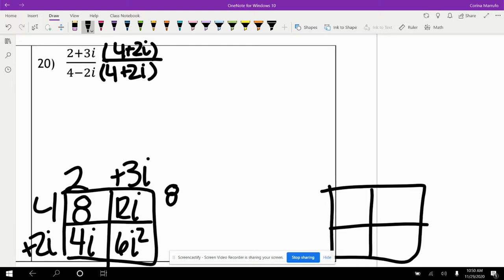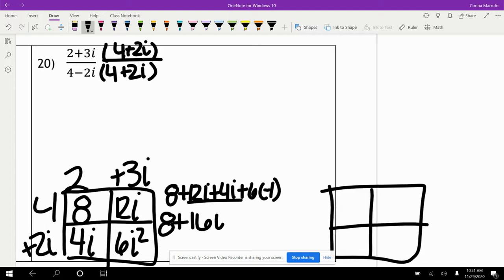We have 8 plus 12i plus 4i plus 6 times negative 1. 12i plus 4i we can combine, so we get 8 plus 16i. And then 6 times negative 1 gives us negative 6. Then we combine 8 minus 6 gives us 2 plus 16i. So that's what's going to go on the top: 2 plus 16i.